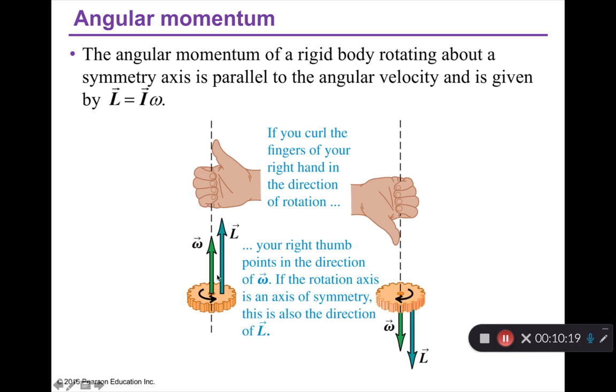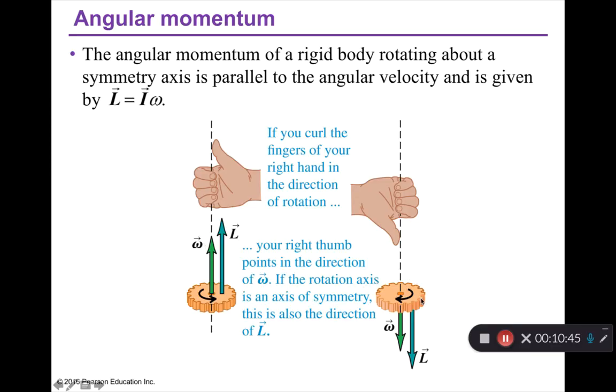So if you're rotating counterclockwise, looking at it from above, imagine holding your hand in such a way that when you curl your fingers, they curl around in the direction of rotation. Then your thumb points in the direction of the angular momentum vector, and that's the same as the direction of the angular velocity vector.